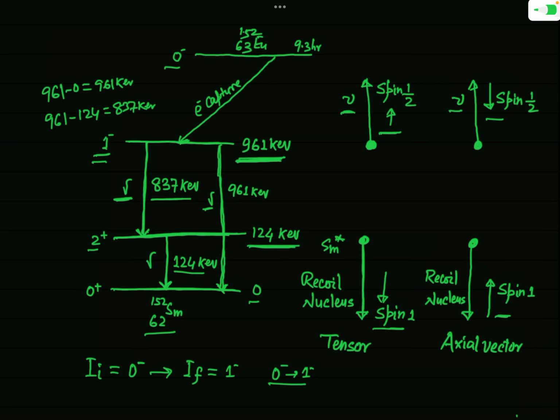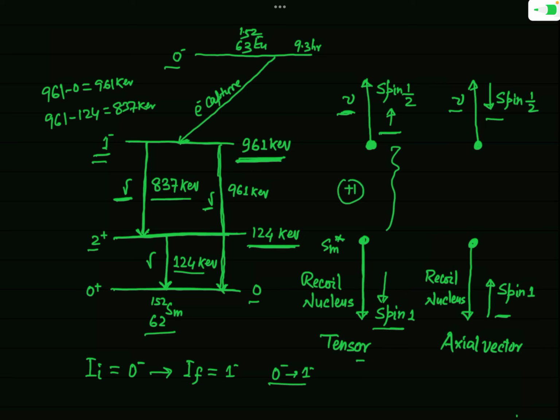And you know that if there is the tensor interaction, in that condition both the neutrino and the recoil nucleus must have helicity +1. So if the direction of spin is like the tensor interaction, then helicity will be equal to +1.